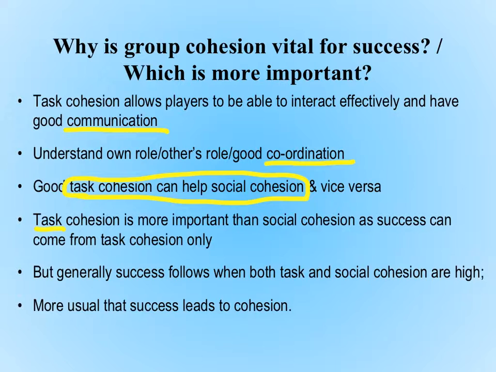If we can only have one, task cohesion is more important than having social, because task is what actually happens on the pitch, and that's the most important thing, even if we don't really like each other off it. But obviously both is preferable. And just another factor, that success is often a vital factor that actually leads to cohesion and not the other way around.